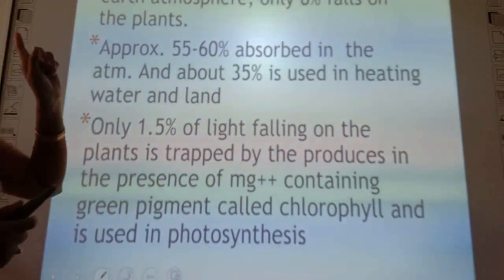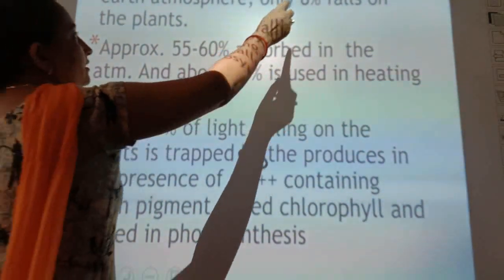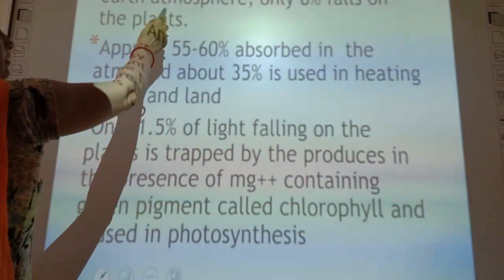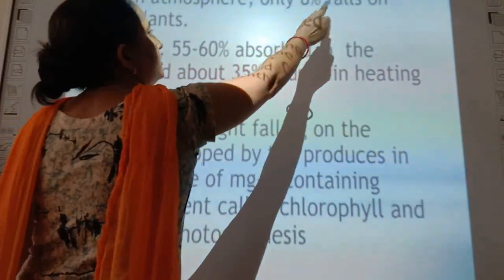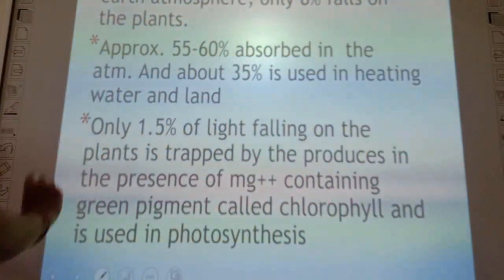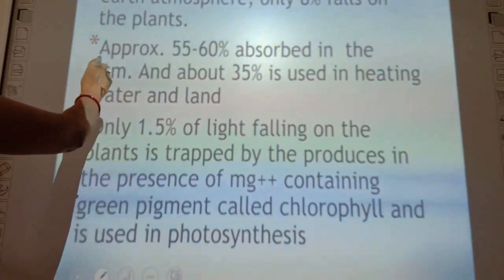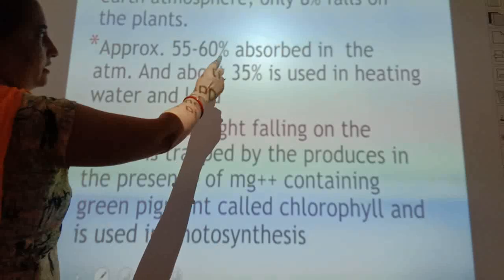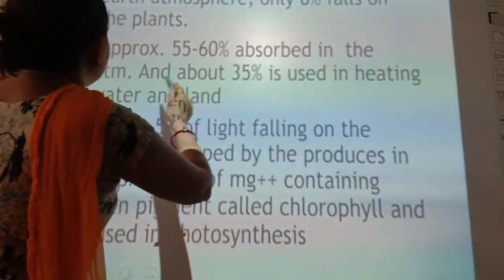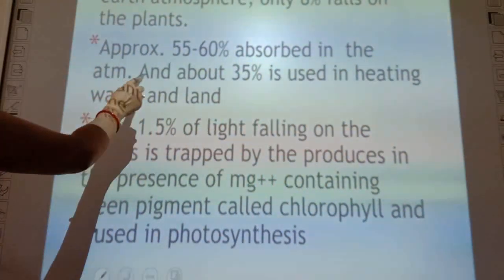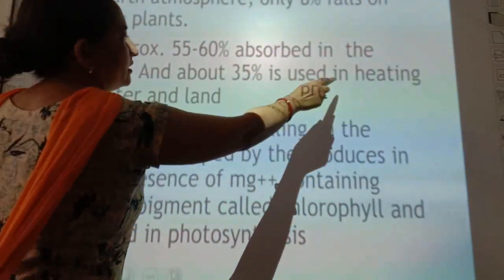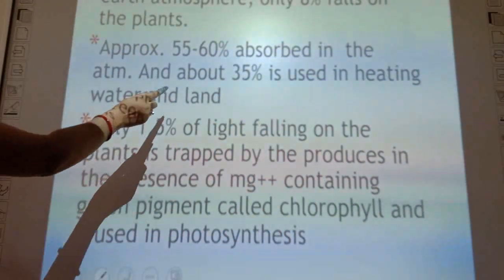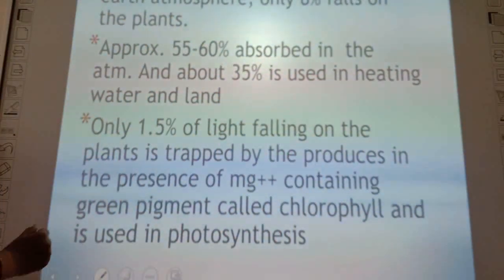Out of the total radiation that reaches Earth's atmosphere, only 8% falls on the plants, and approximately 55 to 60% is absorbed in the atmosphere, and about 35% is used in heating the water and land.